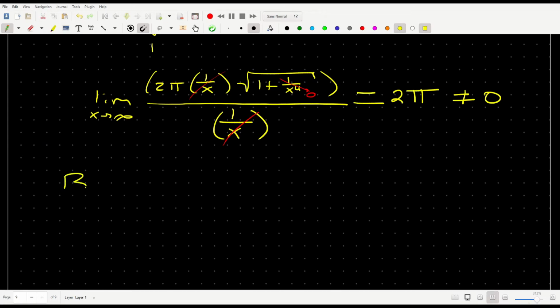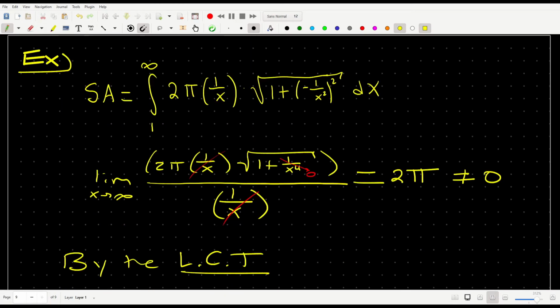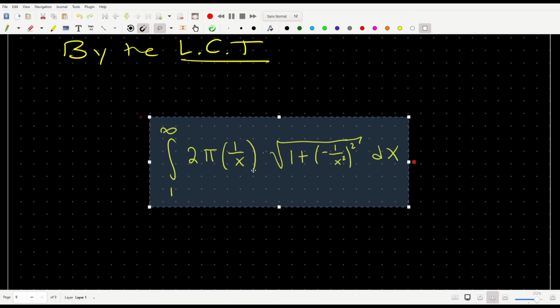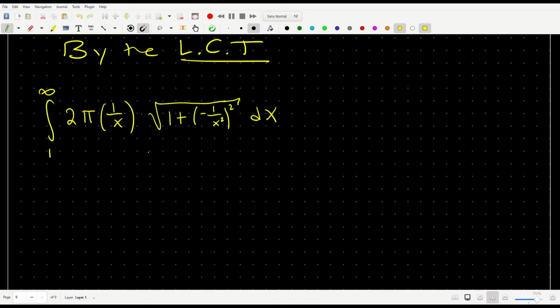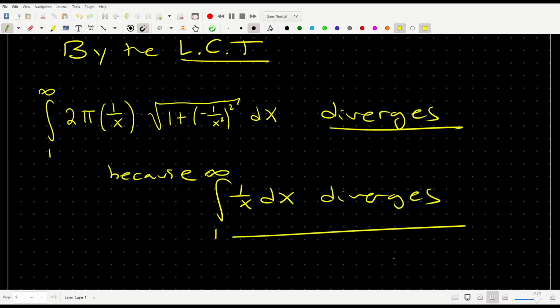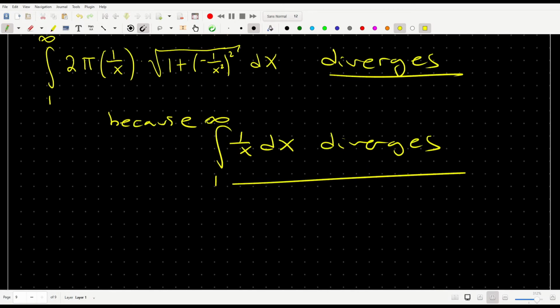Then by the limit comparison theorem, the surface area integral that we started with diverges, because the integral from 1 to infinity of the function 1 over x dx diverges, which we showed in the previous lecture.